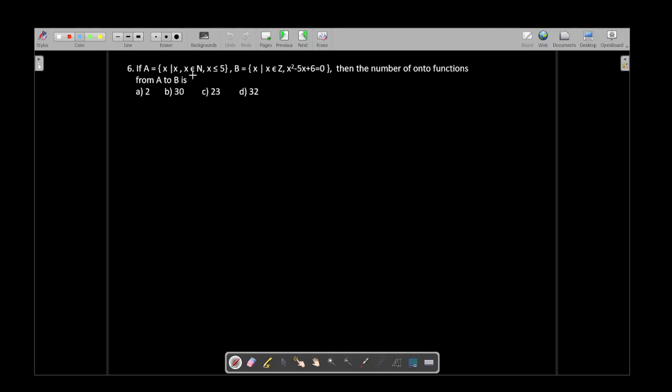Okay, we have two sets. A is x such that x belongs to natural numbers and x is less than or equal to 5. So I can write A as elements 1, 2, 3, 4 and 5, and B is actually the solution for this quadratic equation.